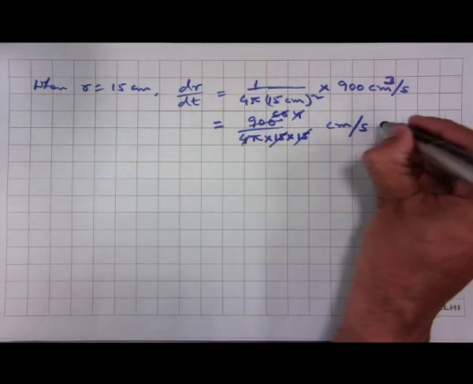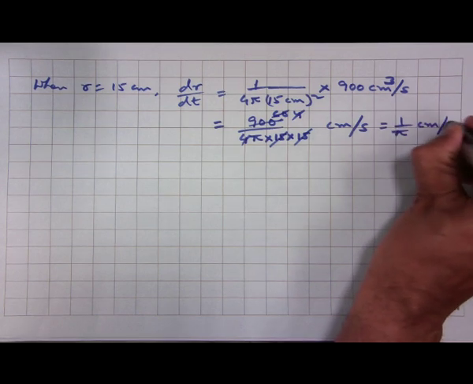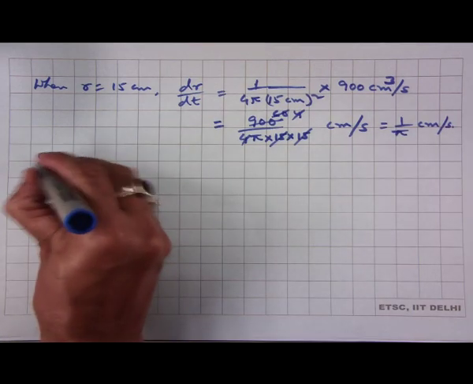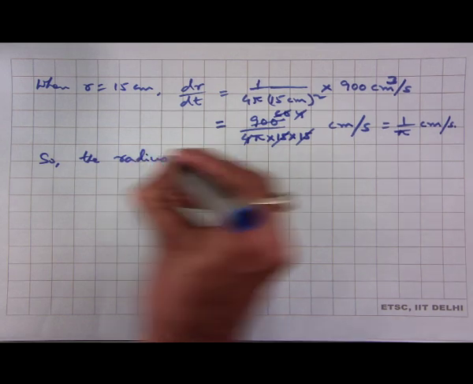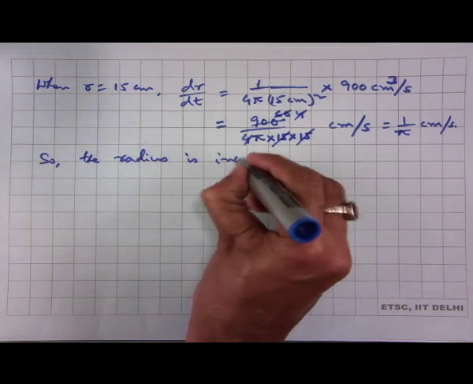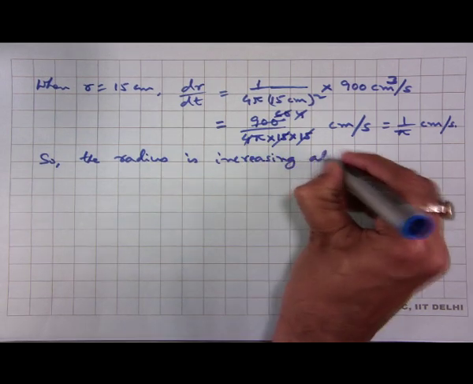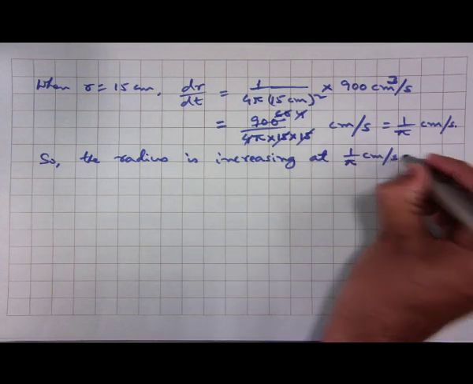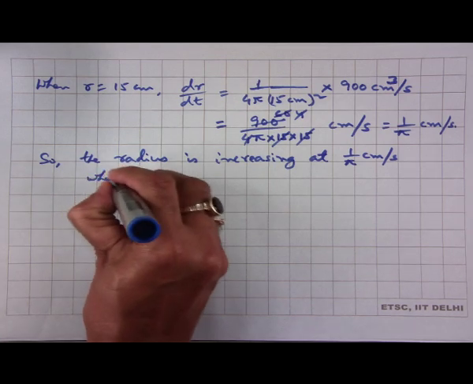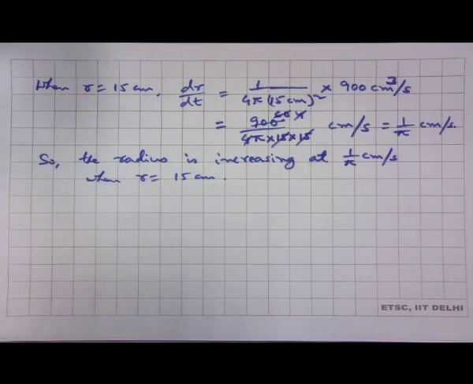So, we get this is equal to 1 by pi centimeters per second. So, the radius is increasing at 1 by pi centimeters per second when r is 15 centimeters. Let us look at another problem.